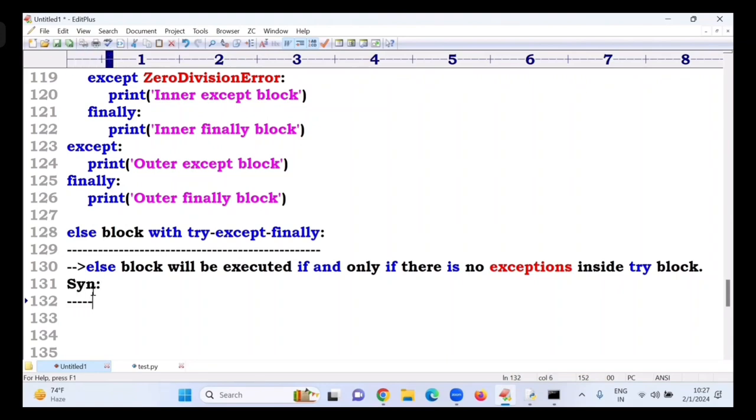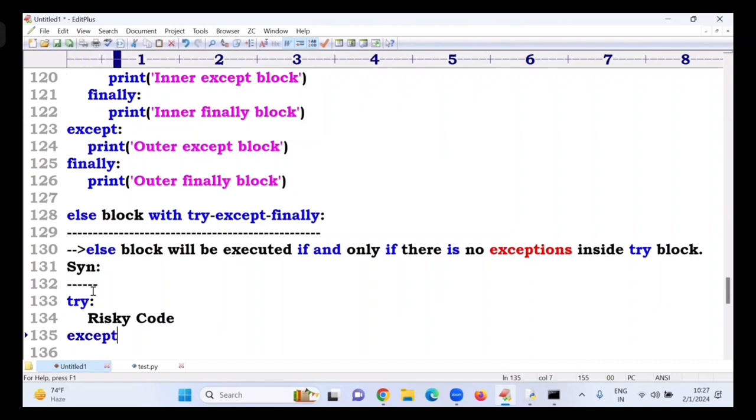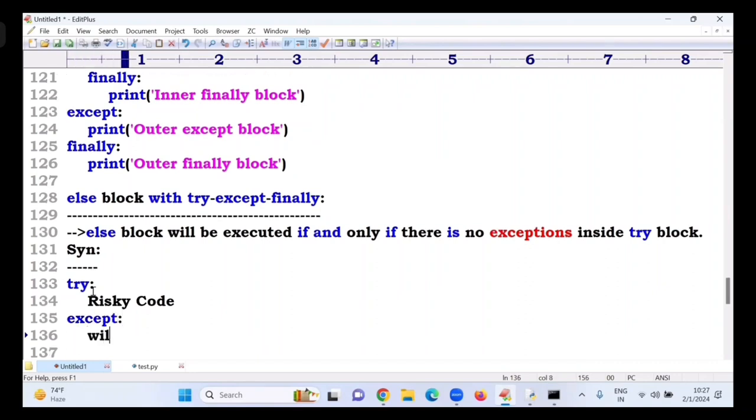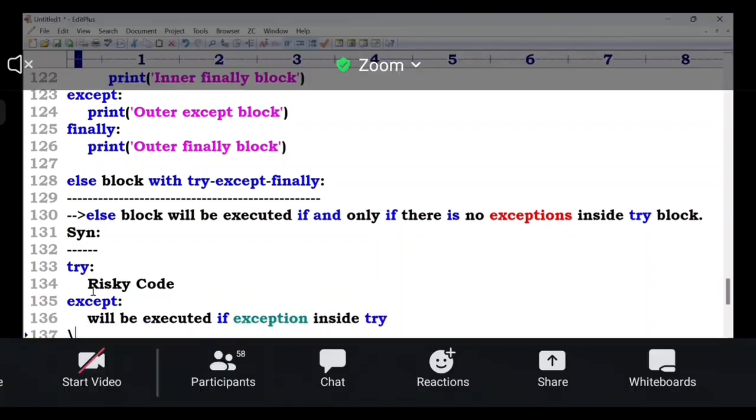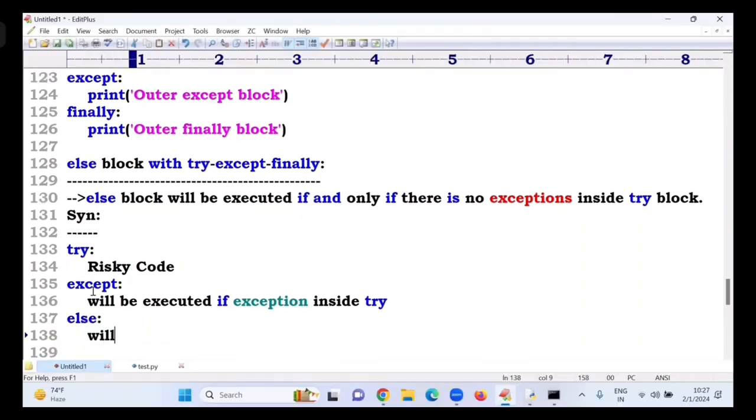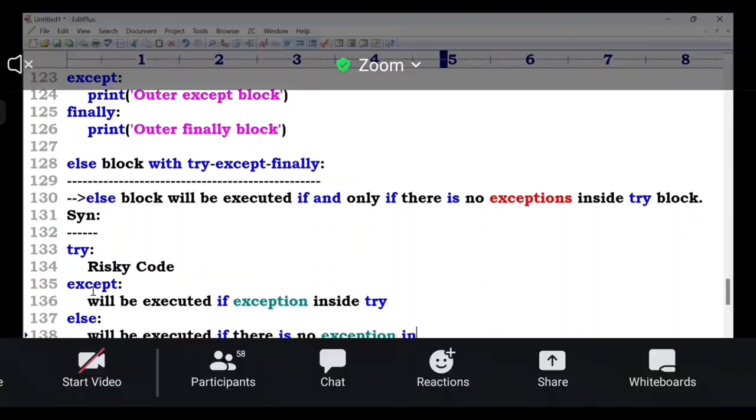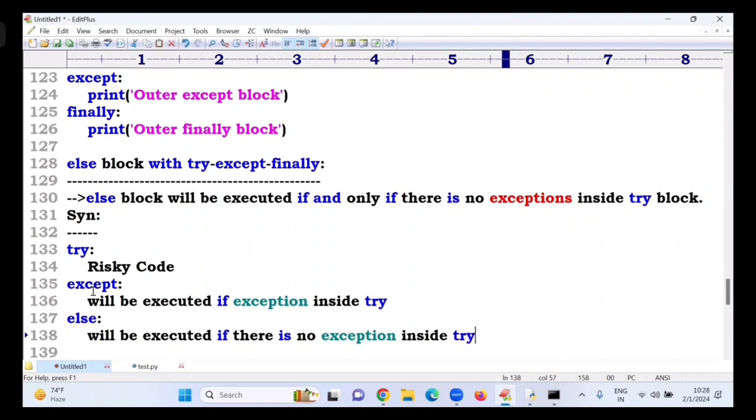Syntax is try block. We have to write risky code. Sir, when will the except block be executed? If any exception occurs inside try. The else block will be executed if there is no exception inside try.